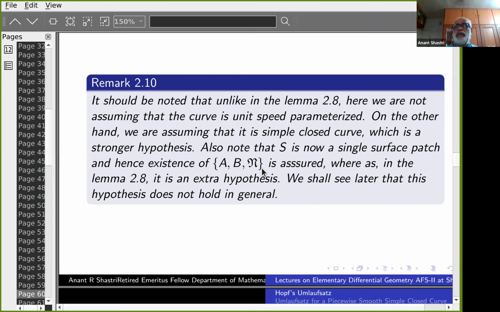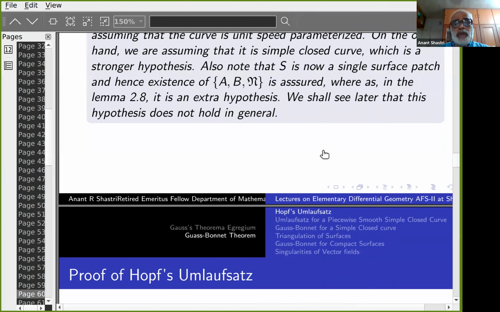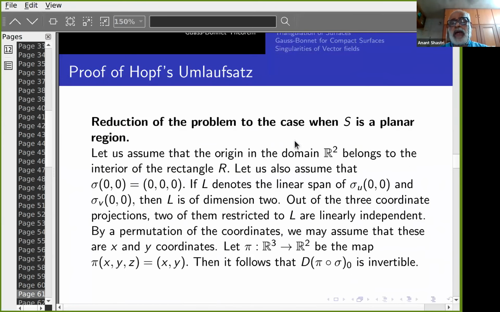So this we know already. Or you can take sigma u, sigma u cross sigma v, and then orthonormalize. That is the best way to do the whole thing. So there are methods to it. So let us start the reduction process for the proof of Hopf's theorem.